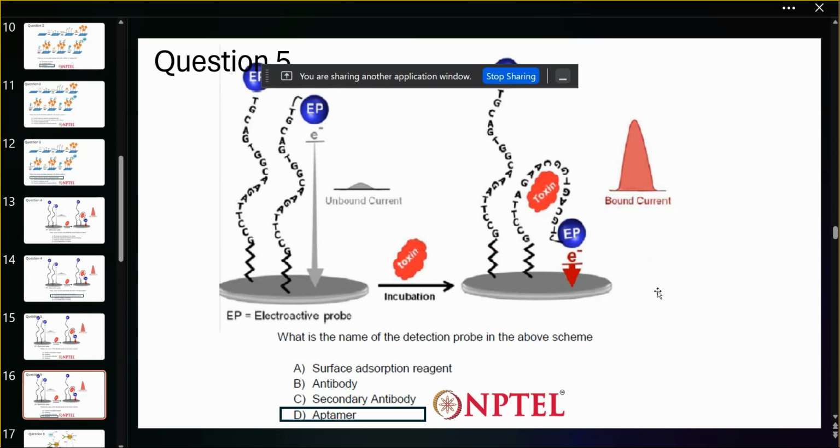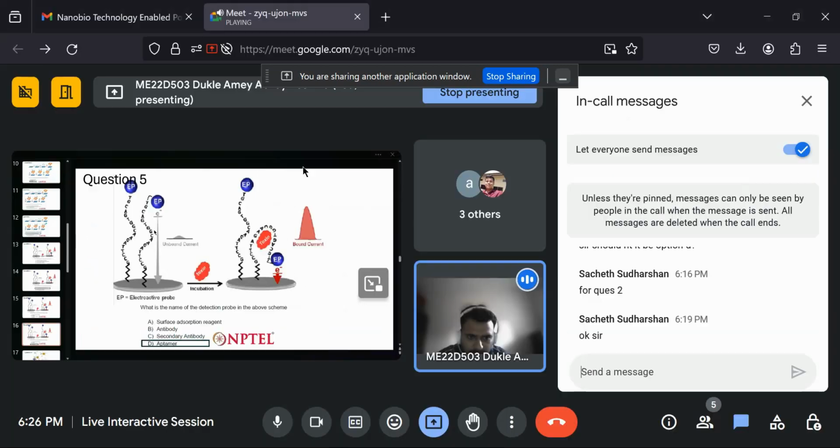Here we don't have any reagent per se, and we have a long chain that is called an aptamer, connected to the electroactive probe. So this is basically an aptamer based system. This is what the detection probe in this scheme is called. There is not much to explain, but if you have any question, you can ask.